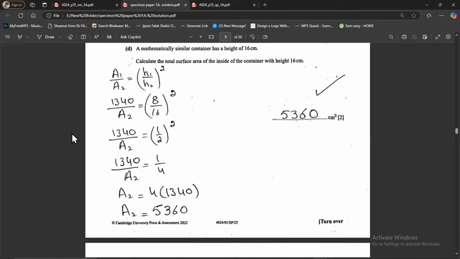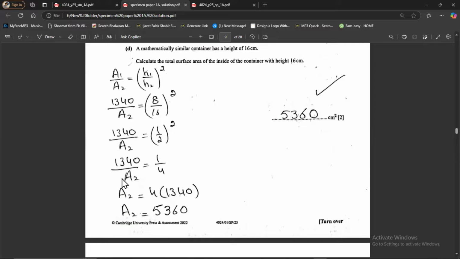You know, for similar solids, the ratio of the areas is equal to the square of the ratio of their heights. So A1 by A2 is H1 by H2 whole square. 1340 is the area of this figure. Its height is 8. Another container whose height is 16 is similar to this. Its area is the question.